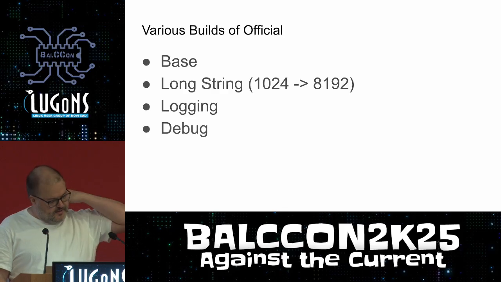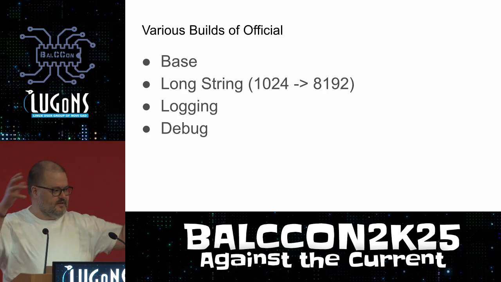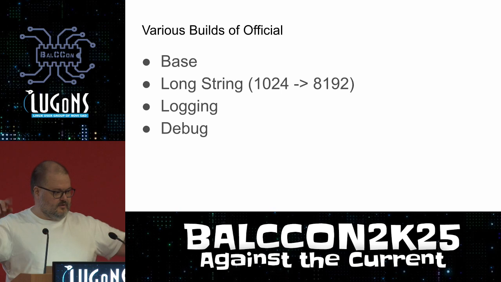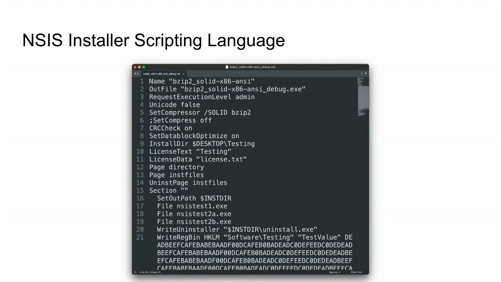The default string length is 1024, and long string is 8192, mostly for stuff like games, where you need longer single strings. And then there is a logging version. If you compile it yourself, you can have all the good stuff in the debug version turned on.